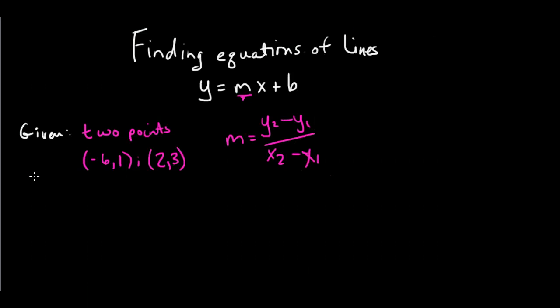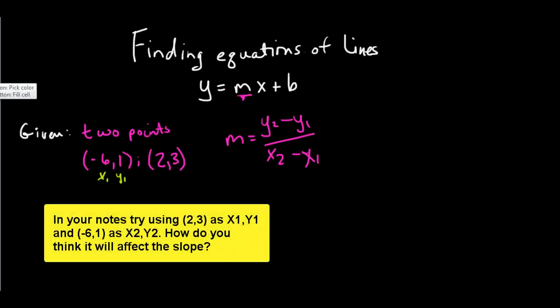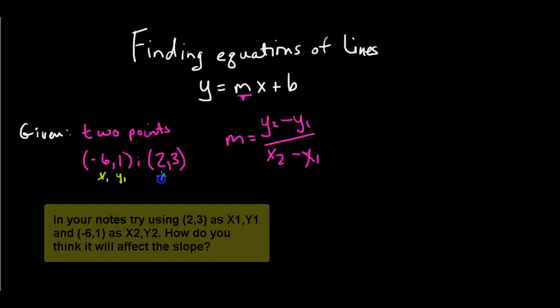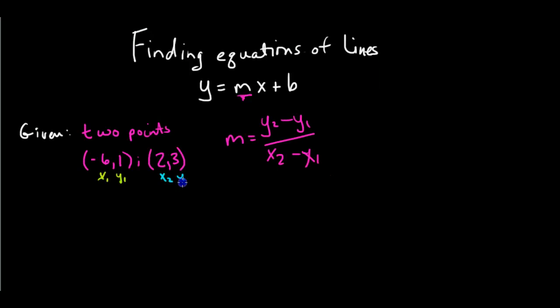And again, it doesn't even matter which one you choose to be x1 and y1, x2 and y2. So just arbitrarily, I'm going to say that this one is x1 and y1, whereas its partner over here will be, let's use a different color, x2 and y2. And so now we just need to pattern match into our formula.